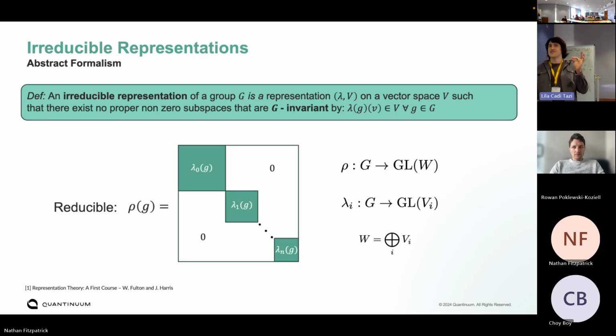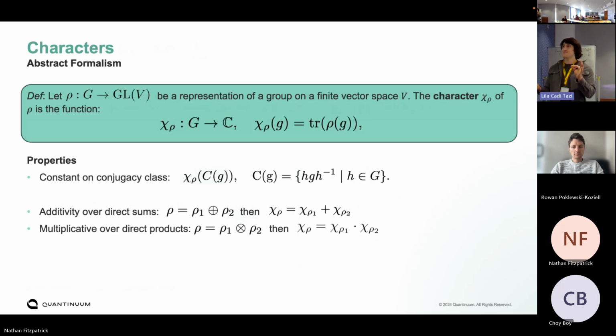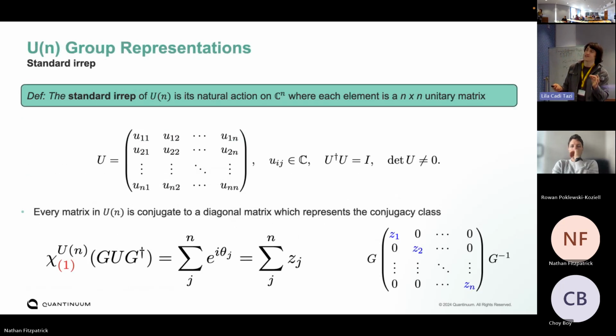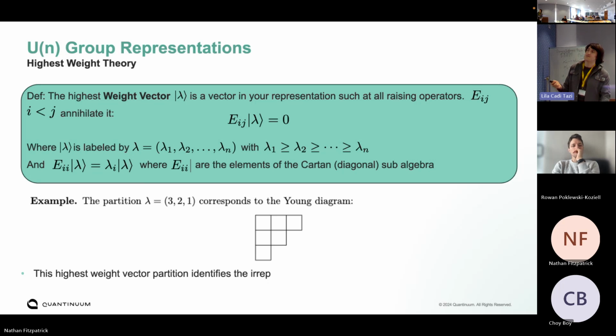And the eigenvalues of that state identify the larger irrep of U(n). So if that didn't mean anything to you, when these E_ij operators annihilate the state lambda, the eigenvalues that you get form an ordered tuple, which is represented as a partition.